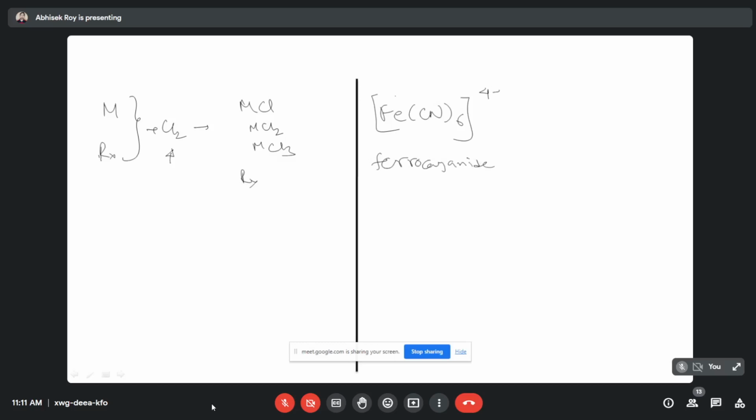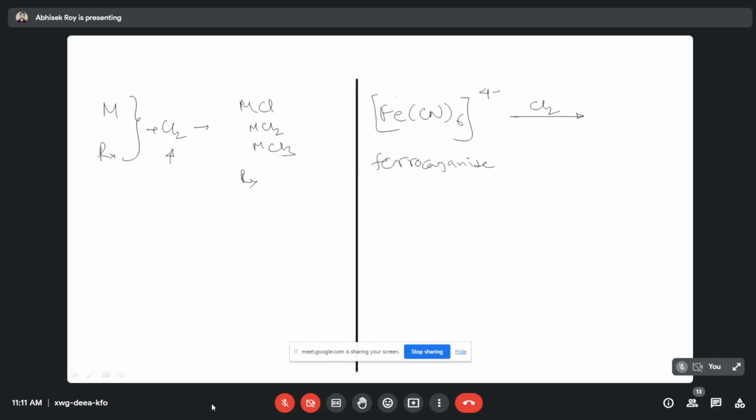So if cyanide is present as a complex of iron and nickel, then destruction of cyanide by chlorine is more difficult. It is more difficult to oxidize this ferrocyanide. So what you will do? If you add the chlorine, it will first get converted to the 3 minus form.